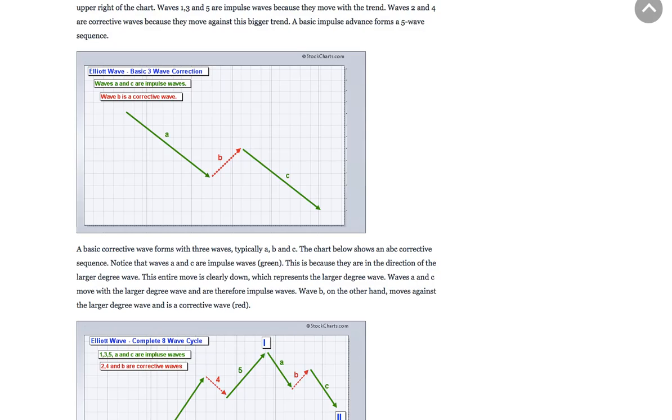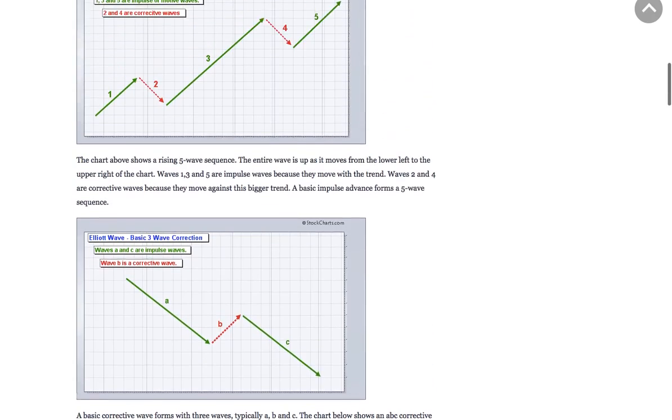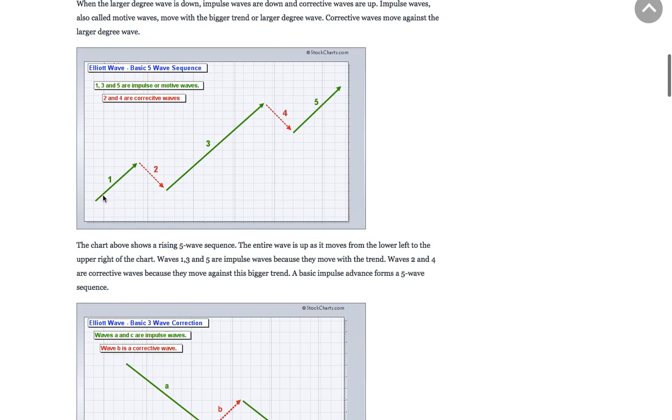And the inverse of that, if the stock is going down, there can be a five-wave sequence on the way down as well, and the downward moves are the impulse or motive moves, and then the correction moves are the up waves 2 and 4. So it would be the inverse of this. It'd be 1, 2, 3, 4, 5, and then after the fifth wave is complete, that many times signals the reversal.